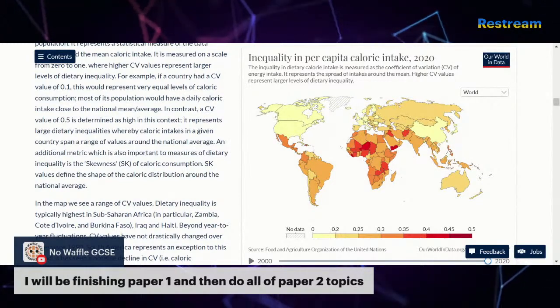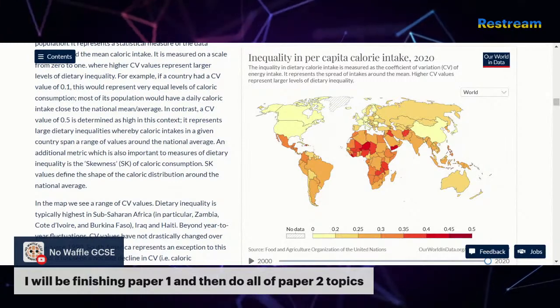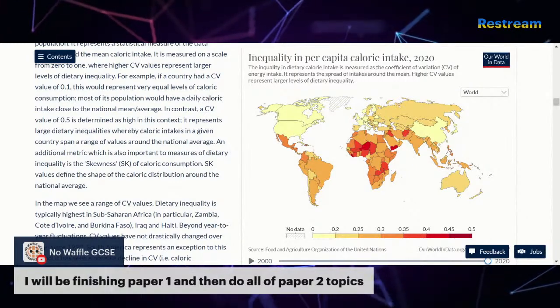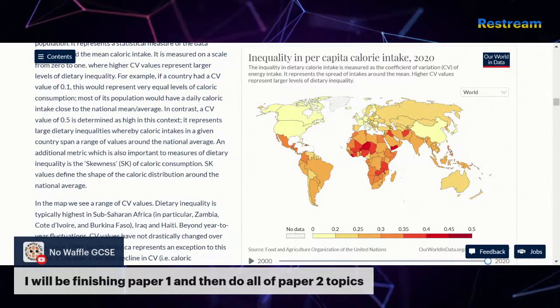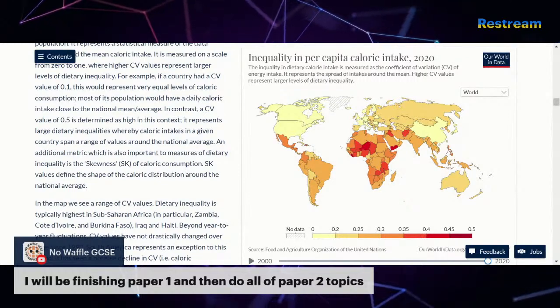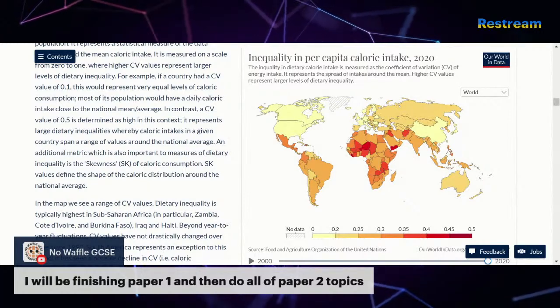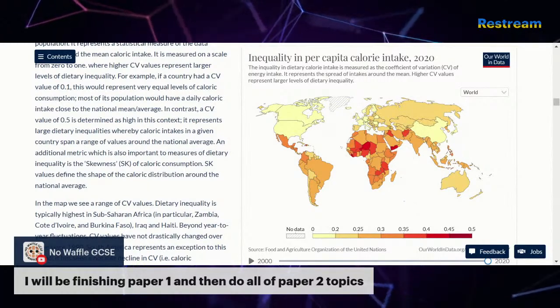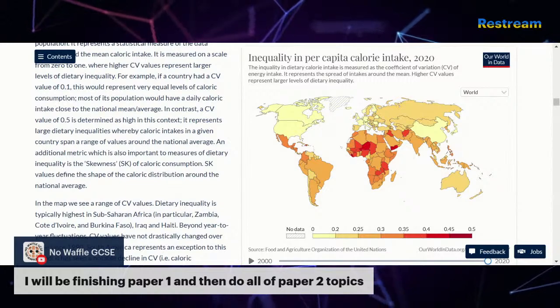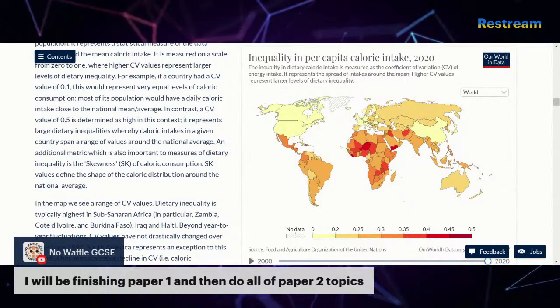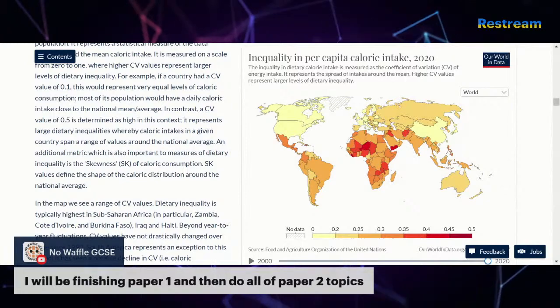One is rising population. The global population is increasing and expected to reach 9 billion by 2014. We're currently at 7 billion or so, so we're going to get to 9 billion by 2014, which is very close.